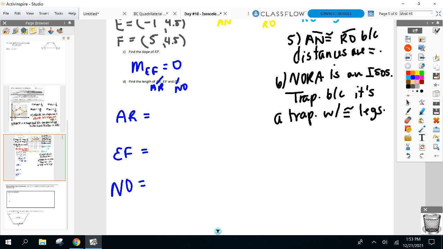AR? 2. The midsegment? 6. And the other base, NO? 10.